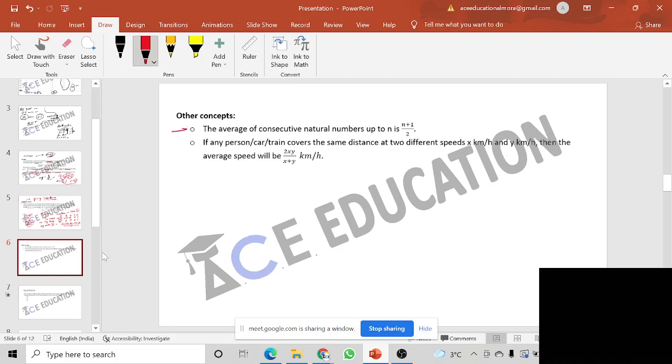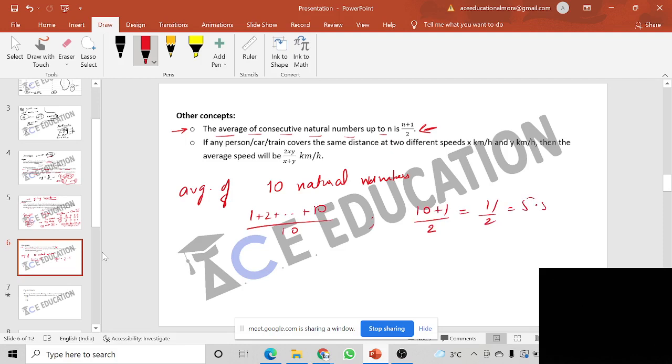The first concept is that the average of consecutive natural numbers up to n is given by (n plus 1) by 2. If I have to find the average of the first 10 natural numbers, instead of doing 1 plus 2 up to 10 divided by 10, I can directly do (10 plus 1) upon 2, which is 11 upon 2, that is 5.5.